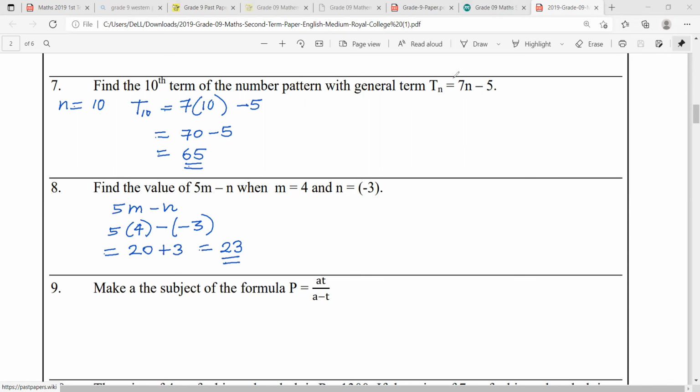Right here you have to make A the subject of the formula P. So A has to be the subject here.